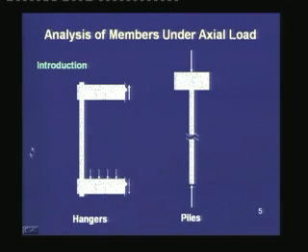In this figure, on the left hand side, the floor at the bottom has been suspended from the floor at the top by hangers. Now, this hanger is subjected to axial tension, and it needs to be prestressed to have an area of the member within a certain architectural limit.